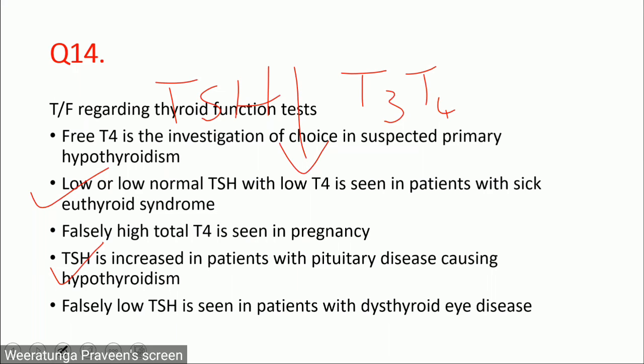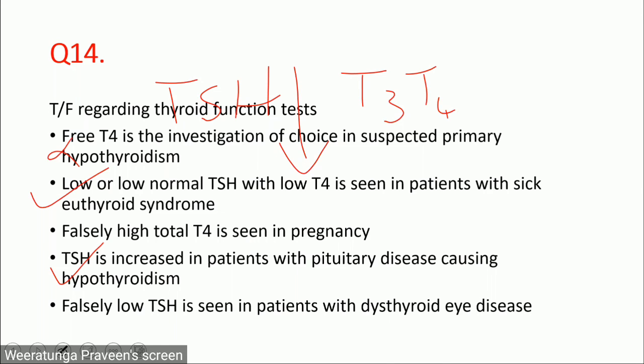So we talked about the common things, and another thing you need to know is the low TSH, low T3, T4 scenario. If they are hypothyroid, that indicates a pituitary issue. If they are euthyroid, that will probably indicate sick euthyroid syndrome. Okay.